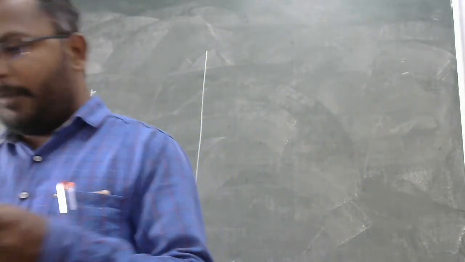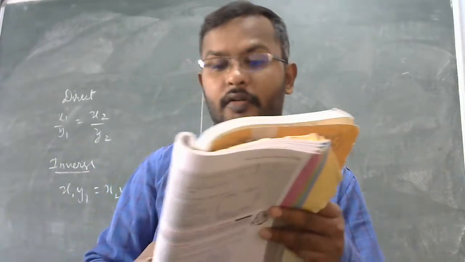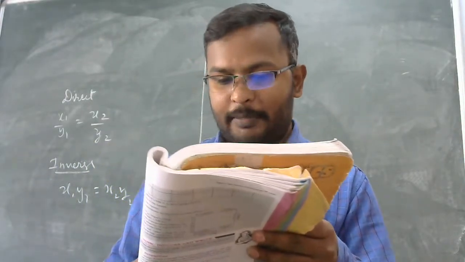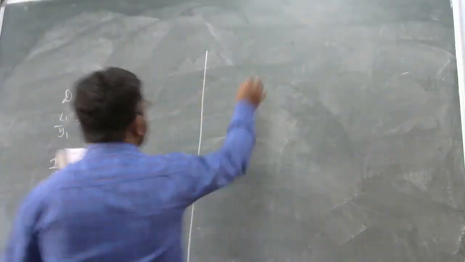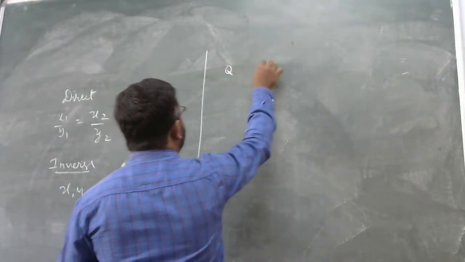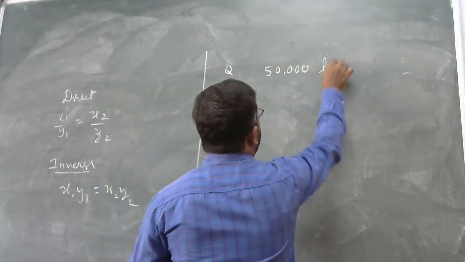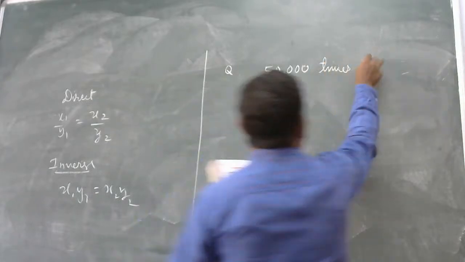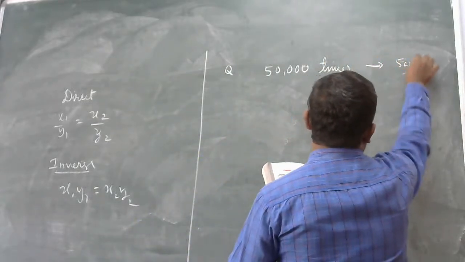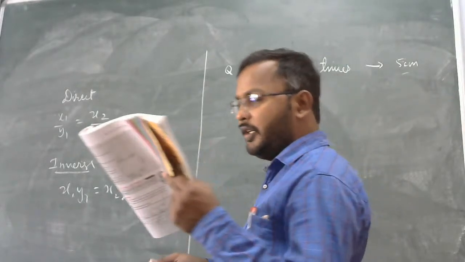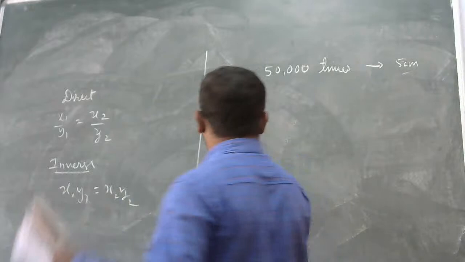A photograph of bacteria enlarges 50,000 times to attain a length of 5 centimeter as shown in the diagram. What is the actual length of bacteria?